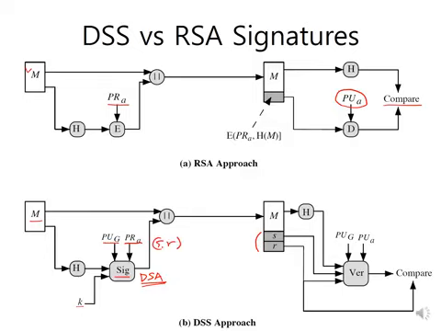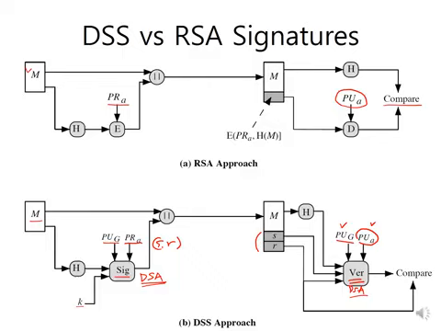Then the message M and the signature pair S, R are sent to the receiver, and then there is a verification algorithm. This is also provided by the DSA algorithm. On the basis of the verification algorithm, the receiver may generate some output on the basis of the public information. This is a global public parameter, and this is the public key of the sender. PUA is the public key of the sender, and PUG is the global public parameters.